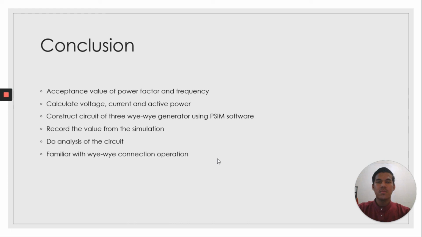Next, I also learned how to record the value from the simulation. From the simulation, I can record the value of voltage, the current, and also the active power. In addition, I also studied how to analyze the circuit from the line voltage and active power.